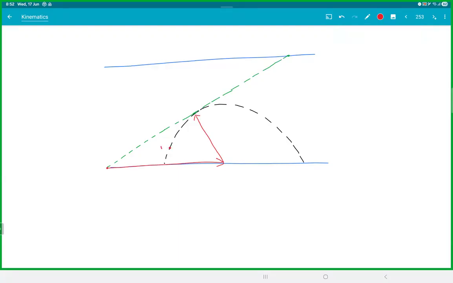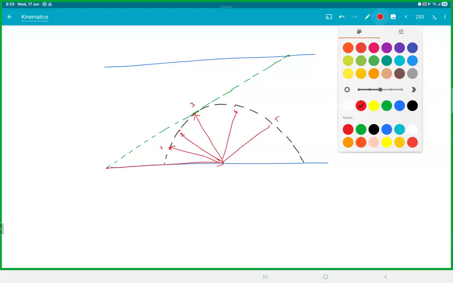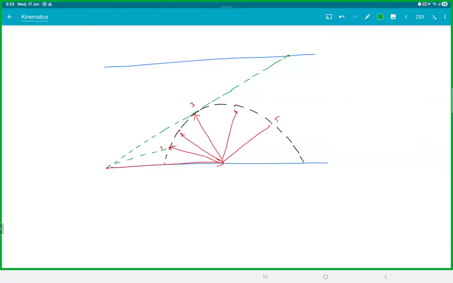See, if you take point 1, let's say this was 2, this was 3, this was 4, this was 5. I'll take 5 points here. So if you take vector 1, or vector 2, or vector 3 and vector 5, and so on. If you take vector 1, you will go from here and reach somewhere here. This is point 1. If you take vector 2, you will reach point 2.